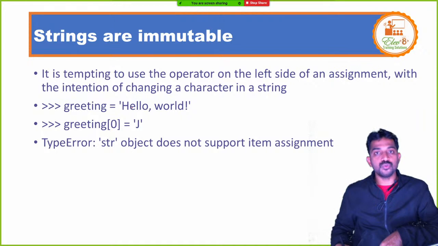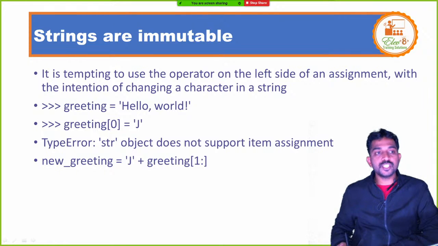So how can I do that? Is there any process? Yes, there is a process. But you need to create a new string. New greetings with J is a new string. I mean, this is a new variable. Please note this. What you are going to do is concatenation.